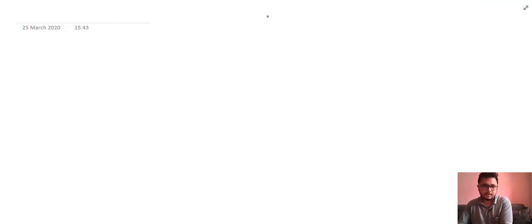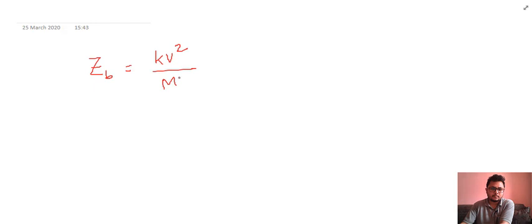There is another important formula for Z per unit. Whatever we have calculated just now, we have calculated from base values. Now suppose those values are not given in per unit, those are given in power, in voltage, in current. Suppose Z base is kV square by MVA, in terms of voltage and power.